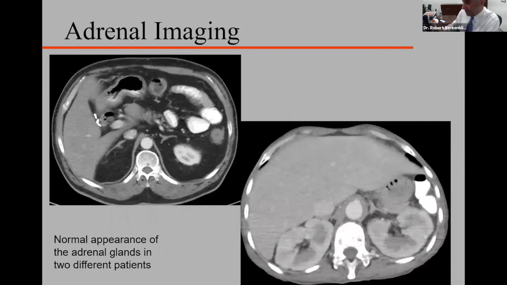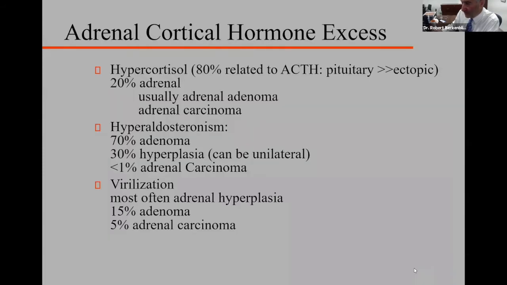So just to start off, taking a look at the normal adrenal glands, you can see both adrenal glands in this patient, kind of this inverted Y shape or inverted V shape in this other patient. If we look at adrenal cortical hormone excess, how does that play out in the adrenals?